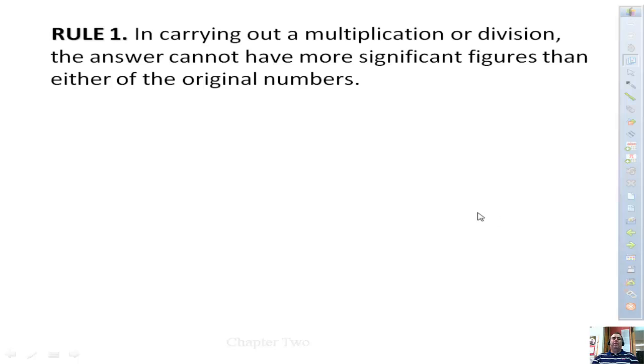When you do multiplication or division, your answer cannot have more sig figs than either of the original numbers. Now you might be saying, what does that mean? Here's what I'm saying. Make your answer have as many sig figs as the number that you are multiplying or dividing has the least.